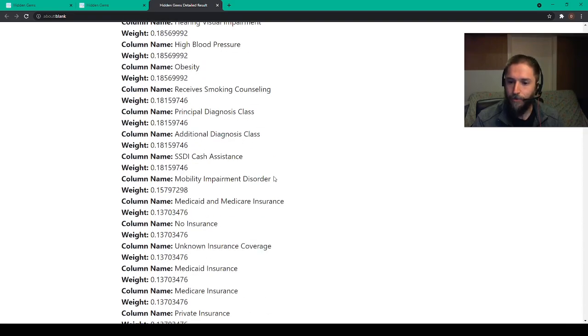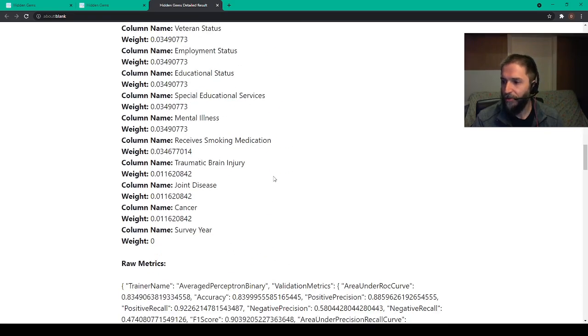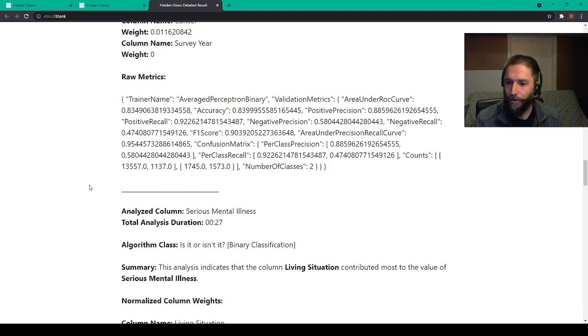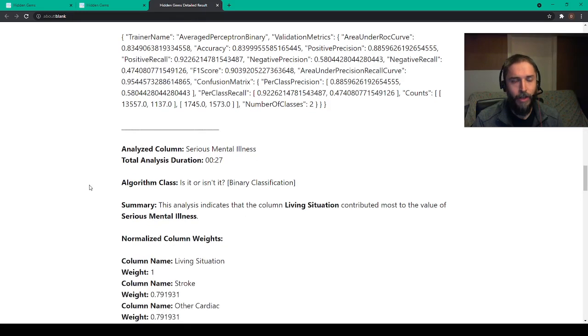If I move down, we'll see that Hidden Gems actually did this analysis twice. The reason is that because we're using AutoML, the results vary. If I run the whole analysis more than once, we can get sort of an average.